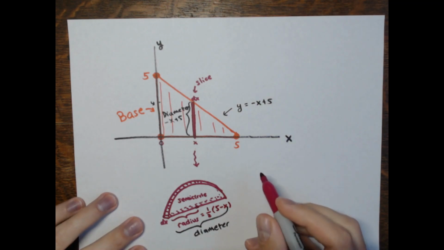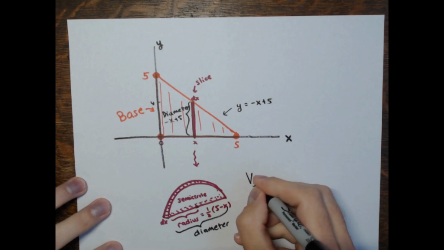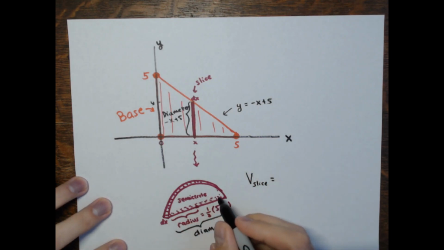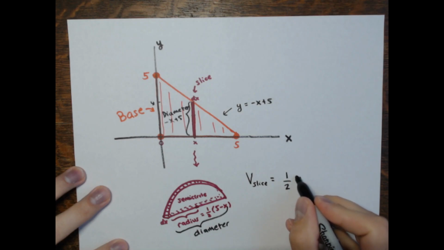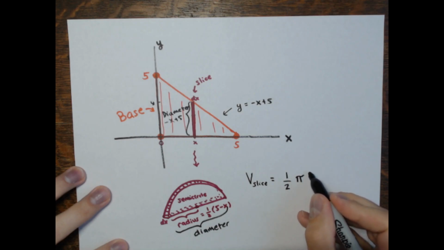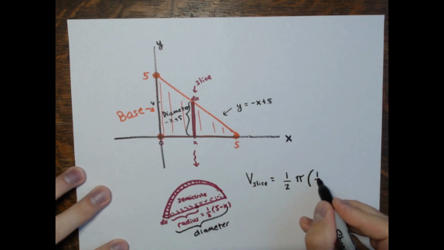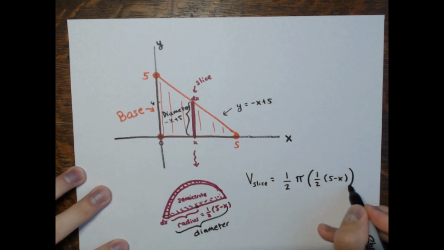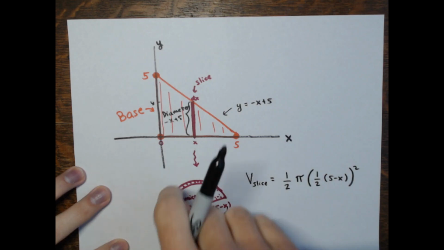All right, so now the volume of a single slice here would be the area of this semicircle. Now the area of a semicircle, again, is half the area of a circle, half of pi r squared. So half of pi, and then times this radius in terms of x, half of 5 minus x, squared, right? Half of pi r squared, and then times the thickness, right?